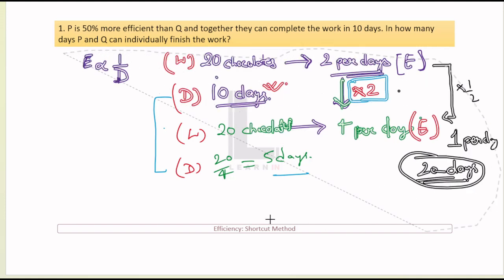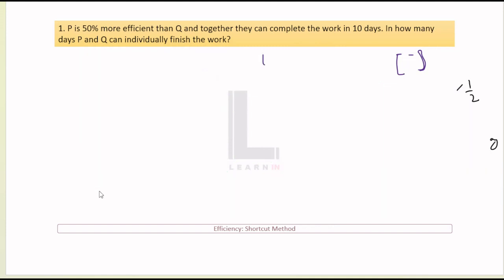How would we do the question? The question says that P is 50% more efficient than Q. We already had found the efficiency as 3 upon 2.